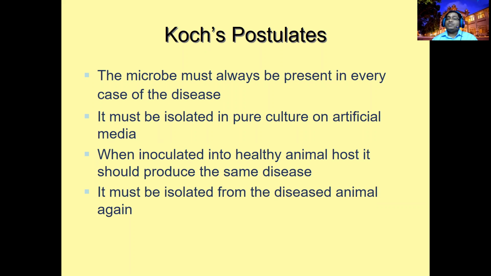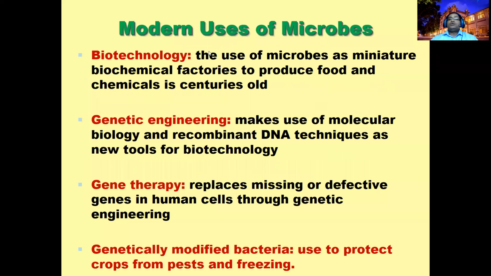If the characteristic features are similar to the first isolated culture, then it confirms that this organism causes the disease. That is the theory explained by the Koch postulates. We use this theory everywhere in plant pathology and microbiological studies for disease confirmation, right?